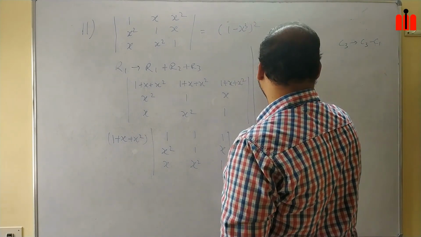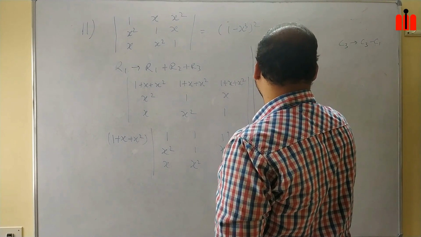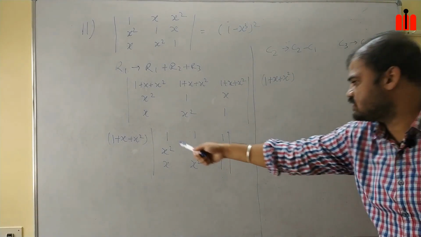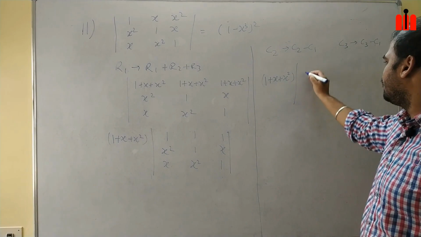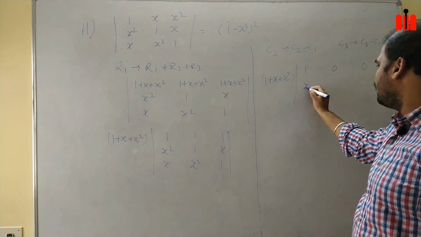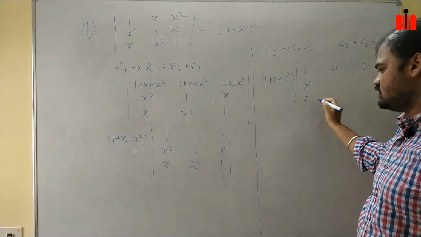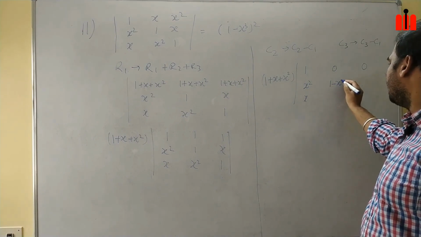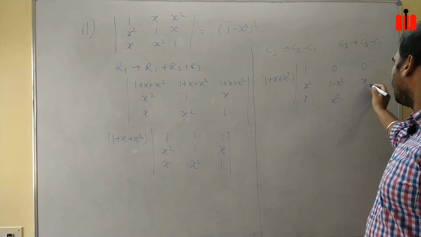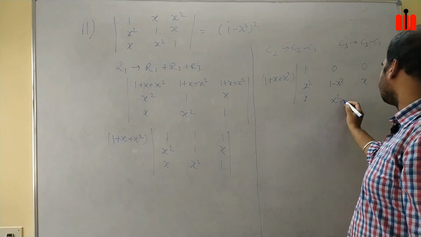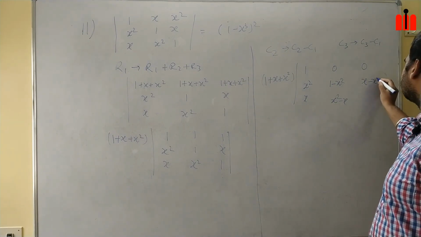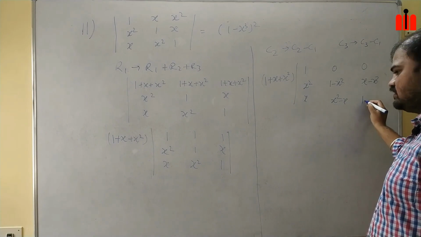So it will be 1 plus x plus x square, which is already there, times the determinant with first row 1 0 0, second row x square, 1 minus x square, x minus x square, and here it is x minus x square, 1 minus x.